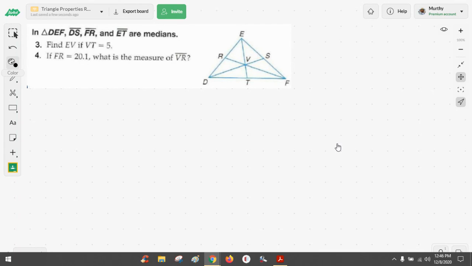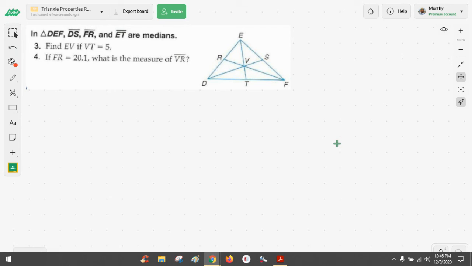Find EV when VT is 5. So here VT is given as 5 units. And what is the value of EV? And we know that the ratio is 2 and 1, right?